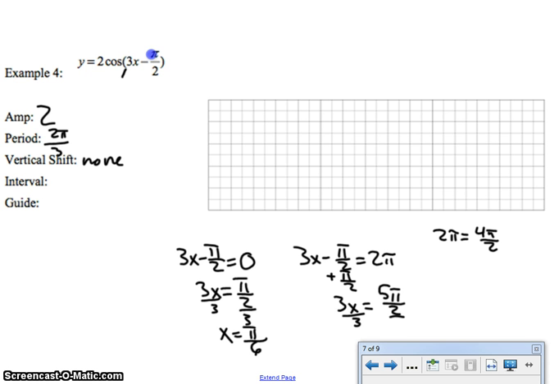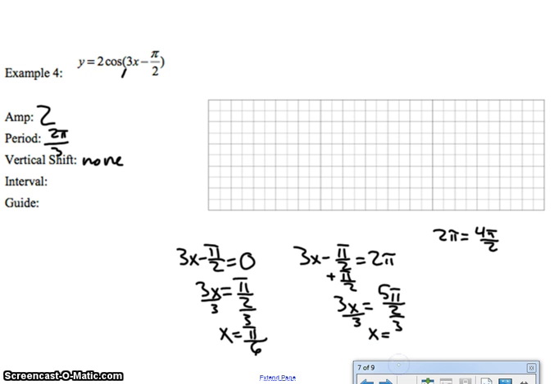And then when we divide by 3, we get x equals 5 pi over 6. So my interval is pi over 6 to 5 pi over 6. So that's going to be my starting and my stopping location. For my guide, since it's cosine here, I know cosine starts and ends at its max and at its middle, halfway in between.